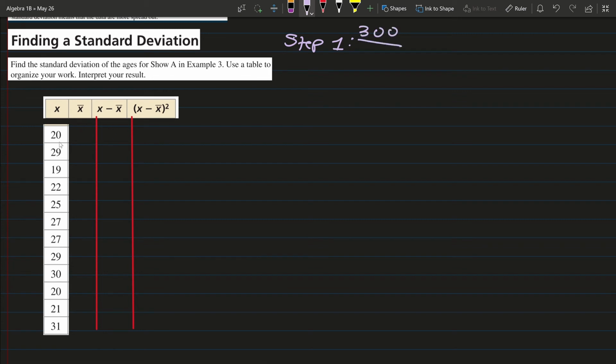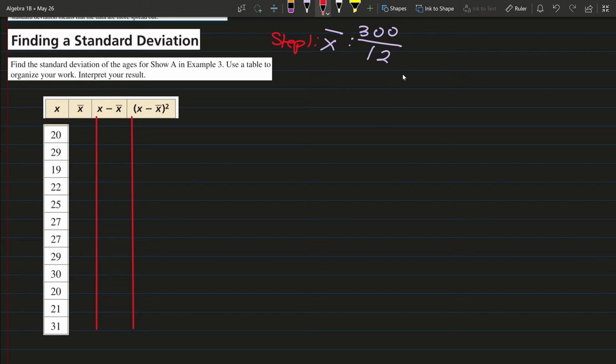Now, how many terms do we have? 1, 2, 3, 4, 5, 6, 7, 8, 9, 10, 11, 12. So we're going to divide that by 12. Oh, and I should label this. Let me rewrite this real quick. That's going to be our x bar, also known as our mean.